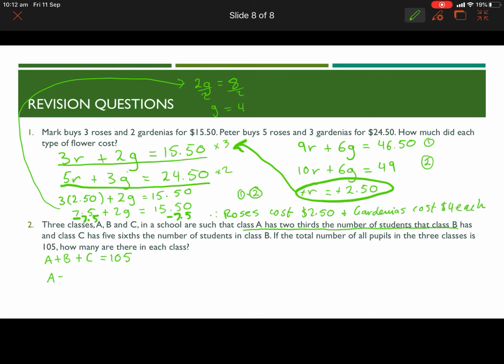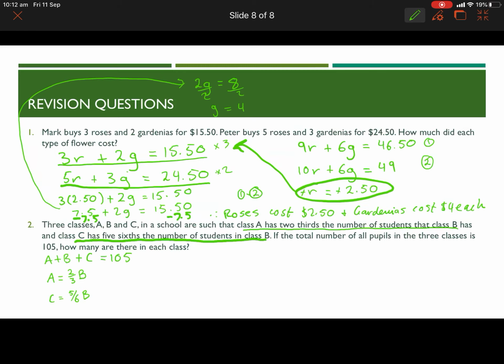So Class A has 2/3 of B. Okay, so I've come up with that equation. Class C has 5/6 of the people in B. So C has 5/6 of the people in B.